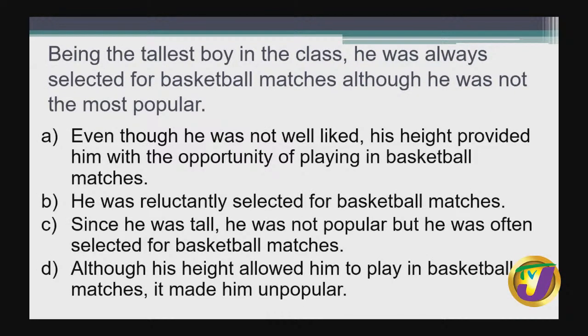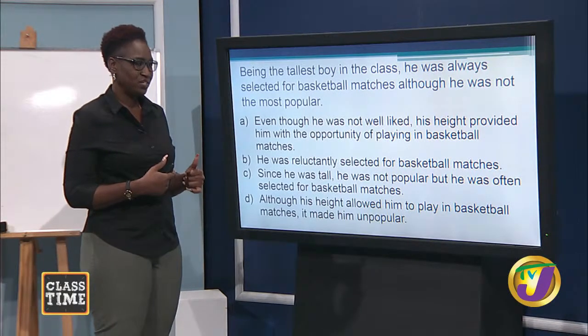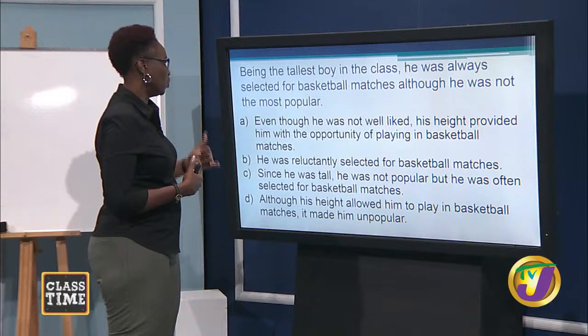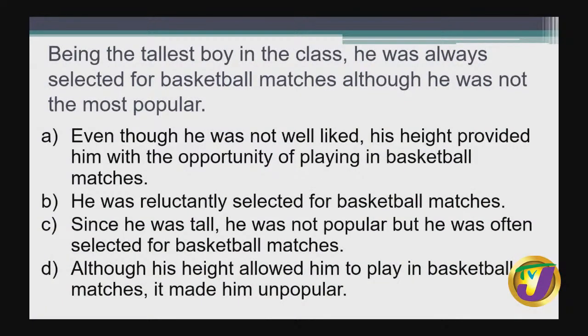Being the tallest boy in the class, he was always selected for basketball matches, although he was not the most popular. All right, so keep that in mind. He's the tallest boy in the class, always selected for basketball matches, but he's not very popular. Let's see which of these conveys that same idea. So, A, even though he was not well liked, his height provided him with the opportunity for playing in basketball matches.